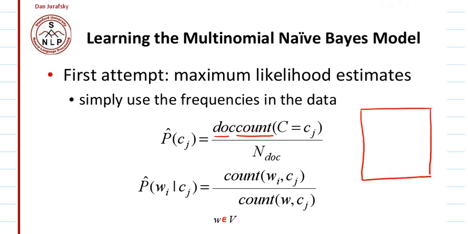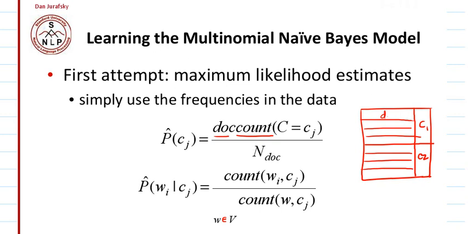This is the same kind of bag and ball problem. We have this class C1 and this is the class C2, and these documents belong to class C1 and these documents belong to class C2. So this is D1, D2, D3, D4, and this is also D1, D2, D3, D4.